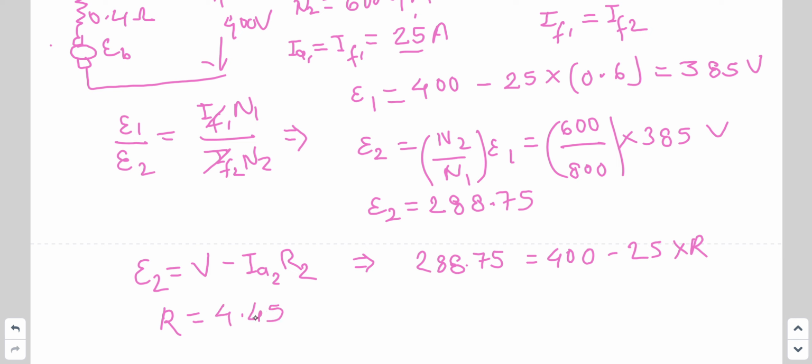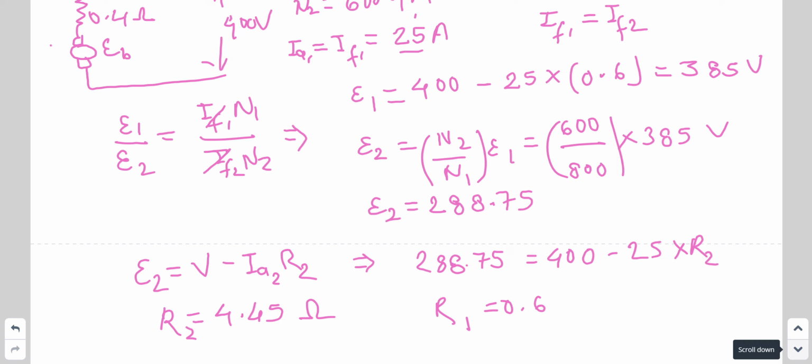So R is 4.45 ohm. In the first condition R1 was 0.6 ohm, and now R2 is 4.45.